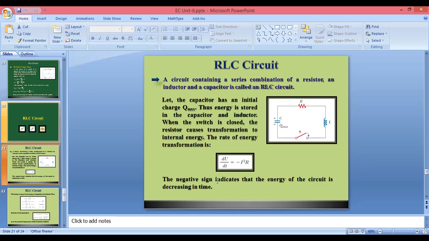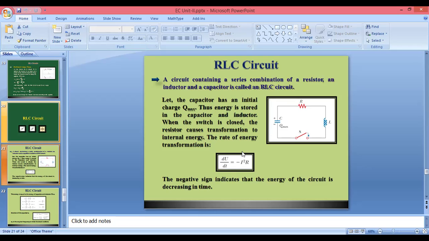Because in the RL and RC circuits we saw in previous sessions, when time is 0 we get the maximum amount of current, but as time reaches its maximum value, the current will become zero. That means the value of current decreases with time. And here we are calculating energy, which is the work done.